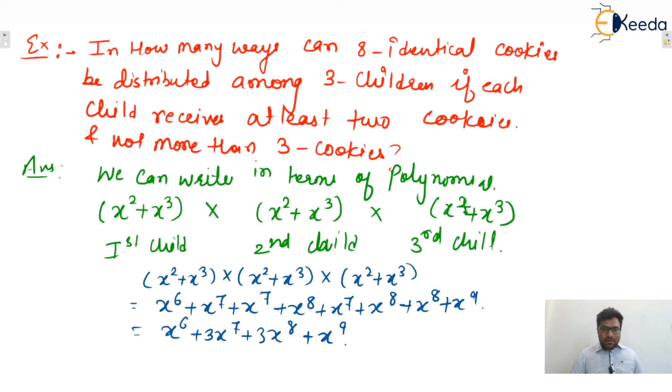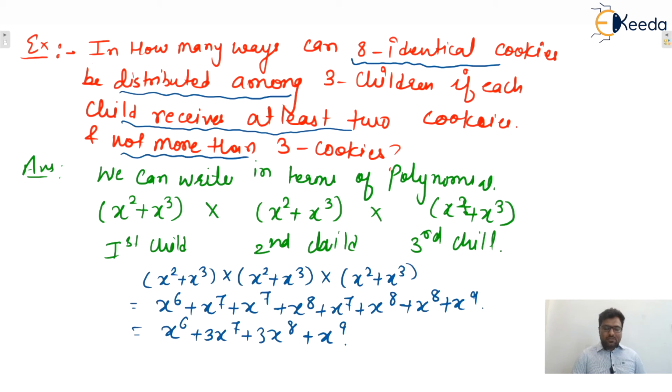Now what was the question? In how many ways can 8 identical cookies be distributed among 3 children if each child receives at least 2 cookies and not more than 3 cookies? Manually you can try the possible number of ways. One way can be 2, 3, 3. Another way can be 3, 2, 3.